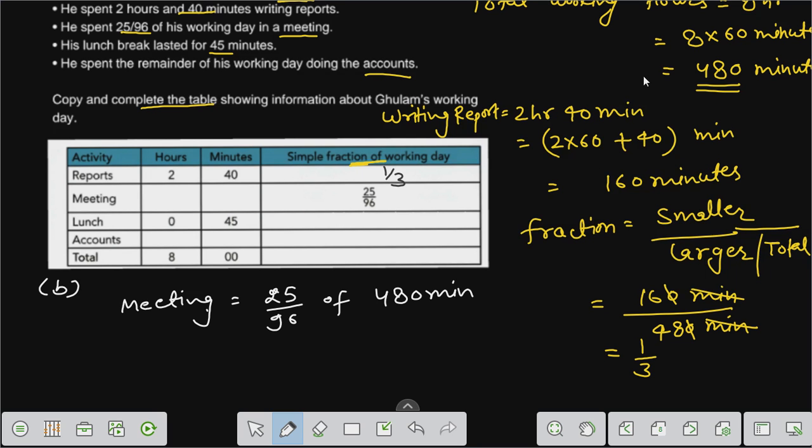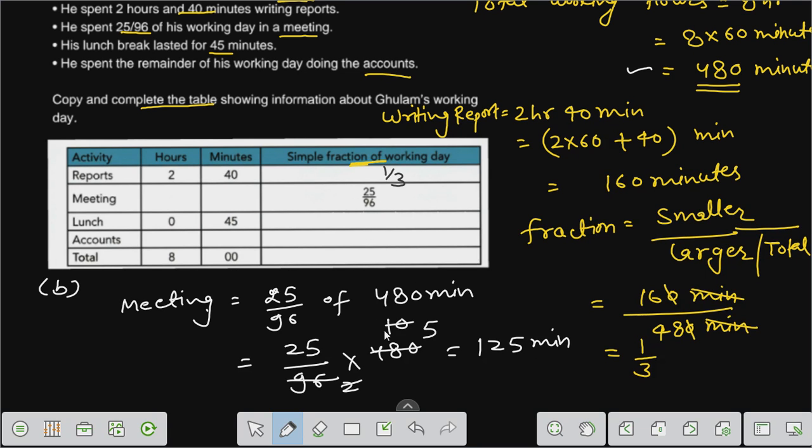So 25 upon 96 into 480, and we will get 48, 10 and 2, and 5, means 25 into 5, 125 minutes.